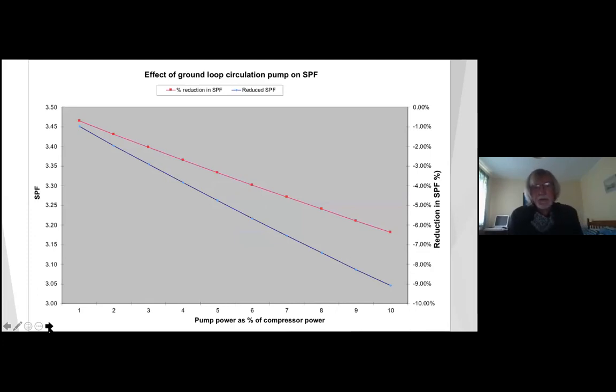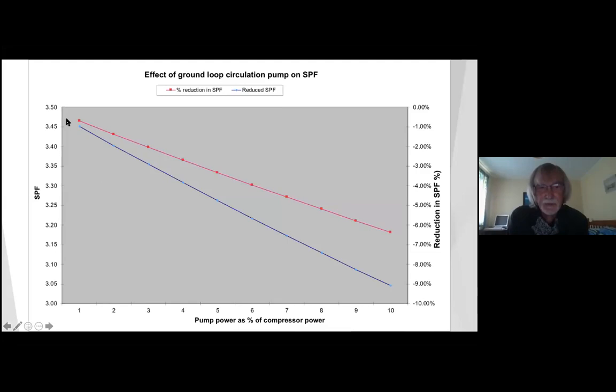This is the graph that actually shows you what's going on in this. Looking along the bottom here, as the pump power increases as a fraction of the compressor power, you begin to pull down the actual COP.